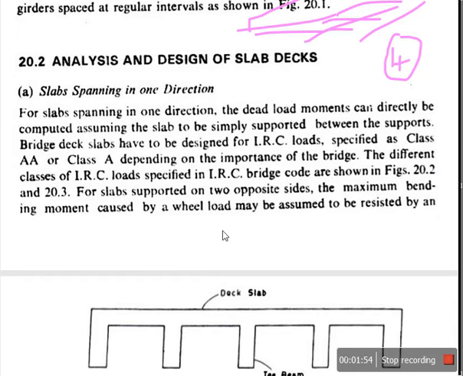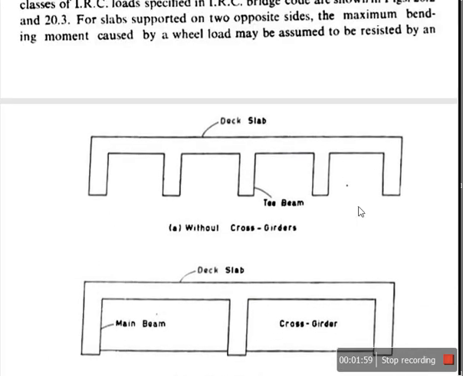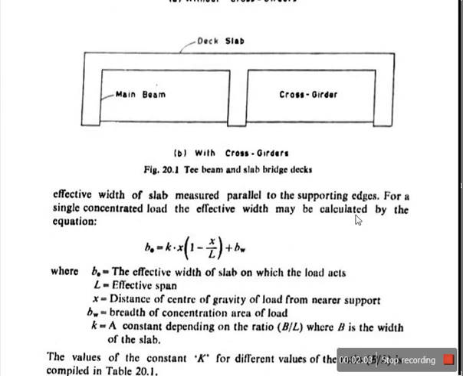Suppose this is the cross girder and this is the main girder, and you apply a single concentrated load on a slab.